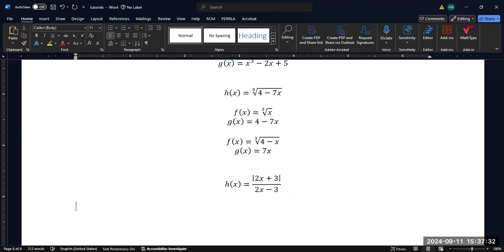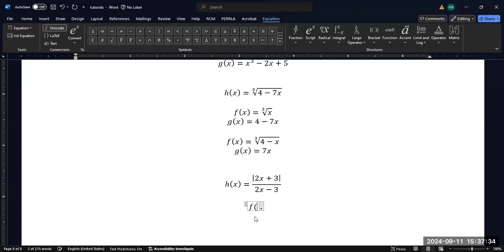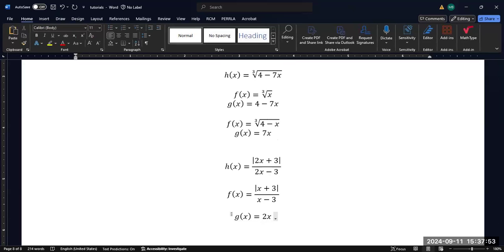But the obvious way would be the outside function would be the absolute value of something plus 3, divided by something minus 3. And then your g of x would be 2x. Again, we have to do it this way in this example because of the sign change.